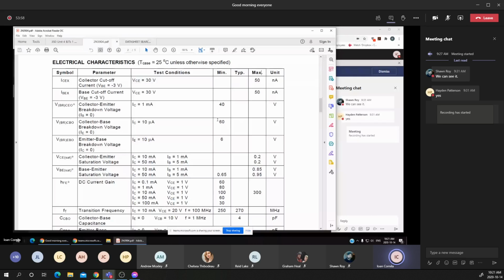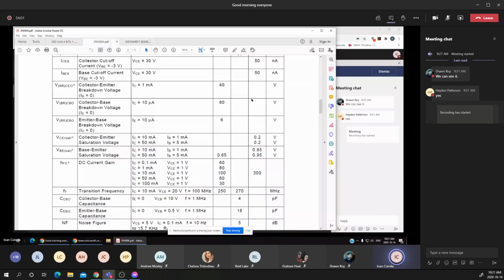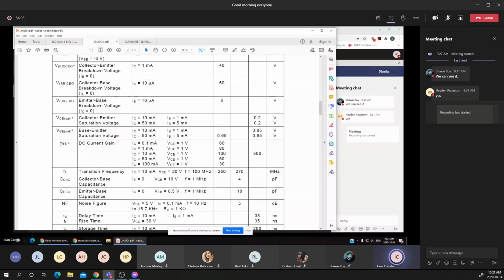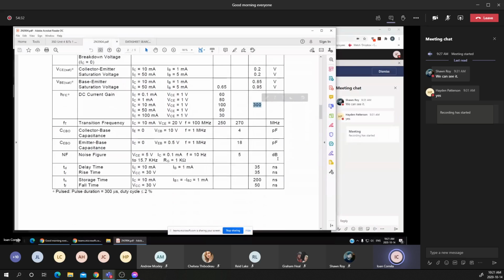But again, I'm not using the cutoff current. We are using the DC current gain, and it is specified for a different collector emitter voltage and a different collector current. You notice that for a specific voltage and different currents, we may have a range of the beta, but usually the maximum is 300.